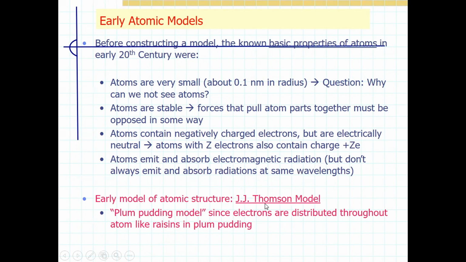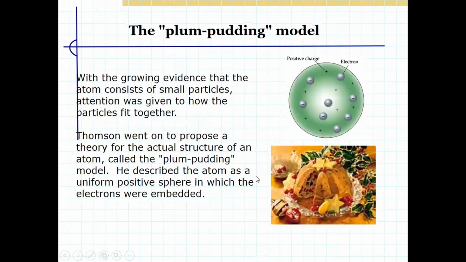So the early model of J.J. Thomson was something called the plum pudding model, in which electrons were distributed throughout the atom, like raisins in the plum pudding. If we look at the plum pudding, the raisins are distributed inside, part of it is shown here.